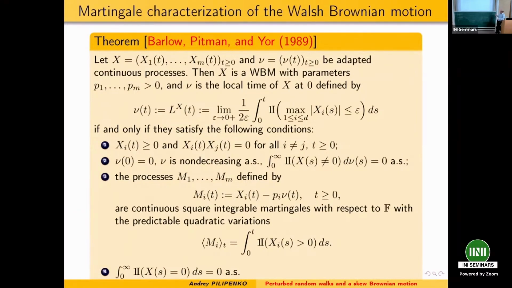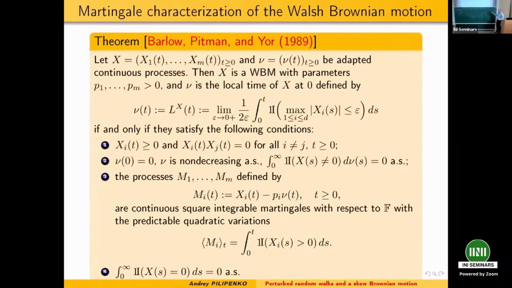And the following processes are martingales: xi minus p, those probabilities times the local time, are continuous martingales and their characteristic is this. Well, and the process spends 0 time at 0. This condition was not written in the original paper by Barlow-Pittman-Yor, but it seems to me that you have to add it. Otherwise, 0 is a solution to this problem.